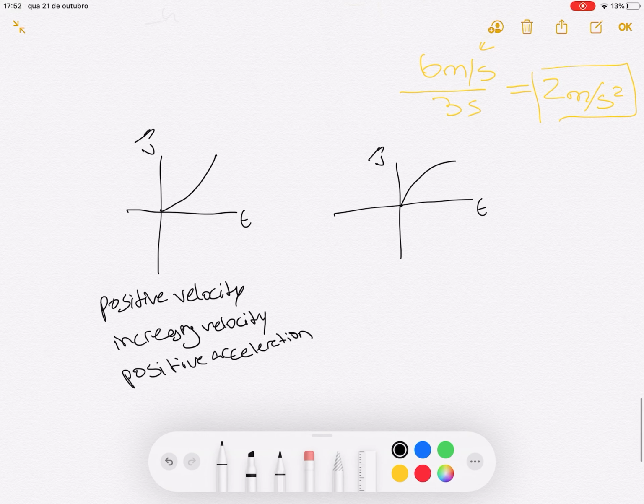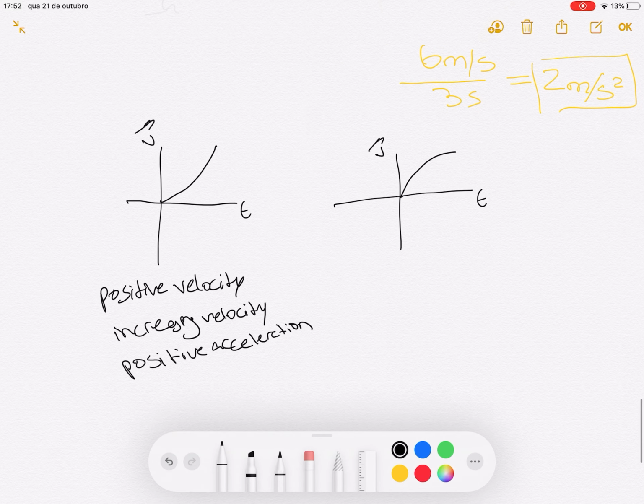Now, let's go to this graph to compare. So, this graph, the line is also above the x-axis, which means it also has positive velocity. And is the velocity increasing? Well, as time passes, velocity is increasing.